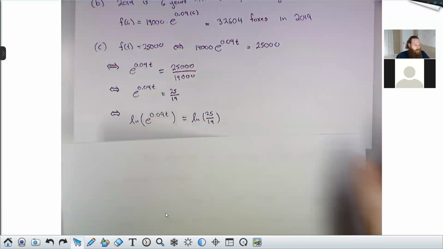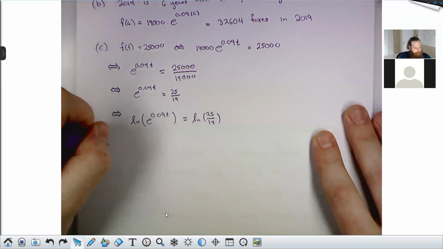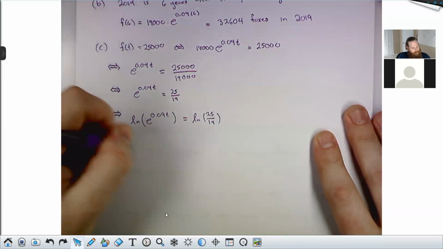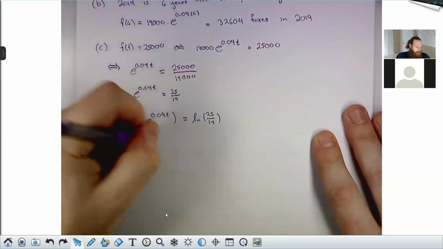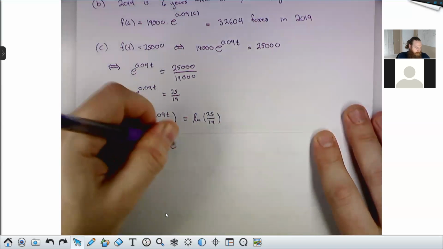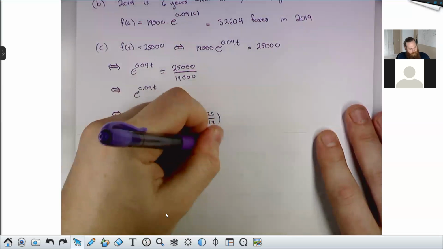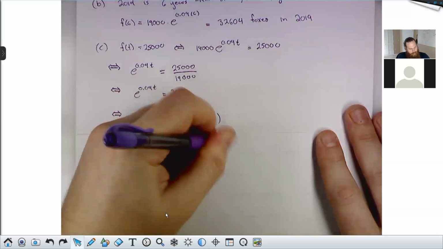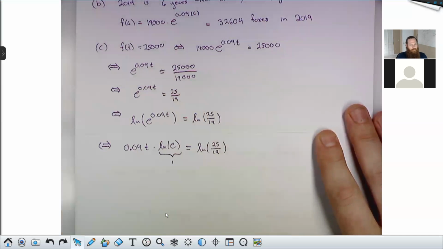You can handle this the same way we've been handling all the others. Bring the power down and then deal with the constants. So here's the power, and then you would be left with the natural log of e here. And on the right-hand side, you still have your natural log of 25 over 19. And the natural log of e is 1.